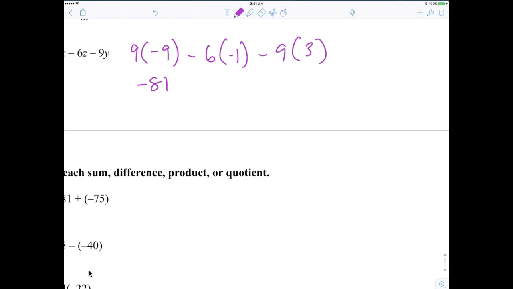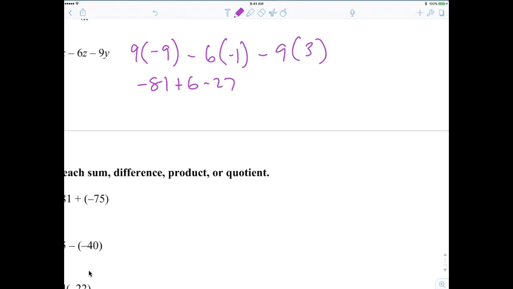And then -6 times -1, +6. And then -9 times 3. There you have it. So now, -81 plus 6 minus 27.